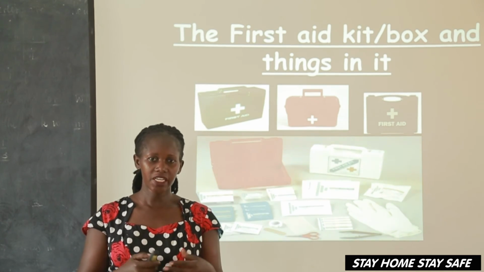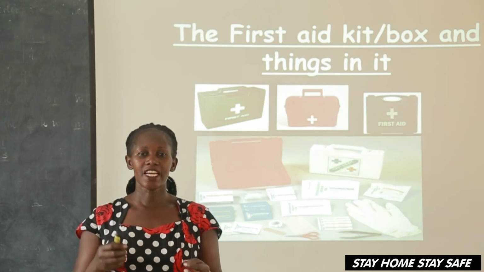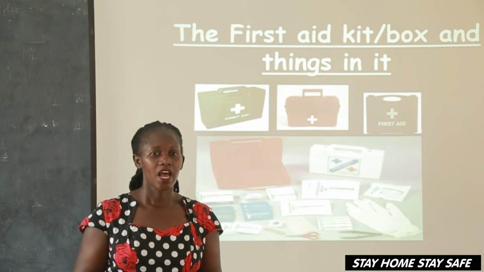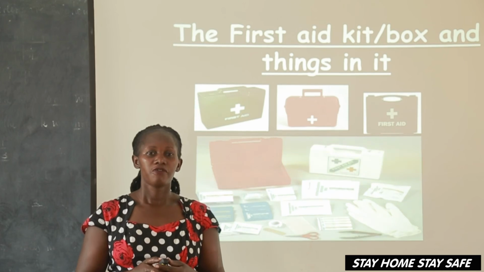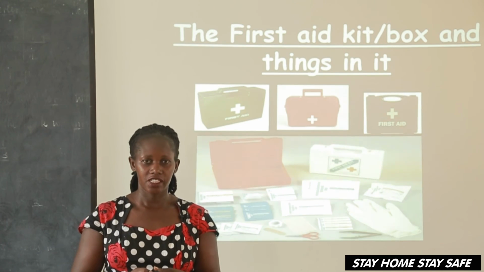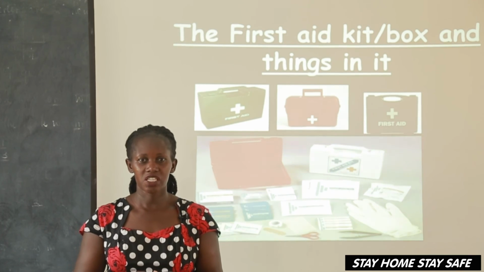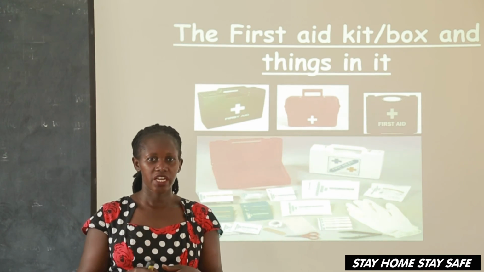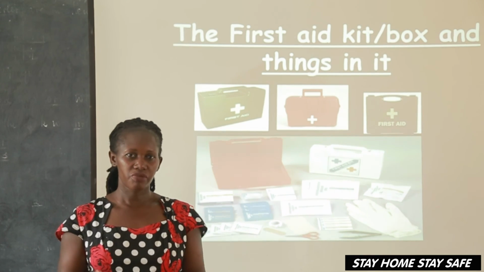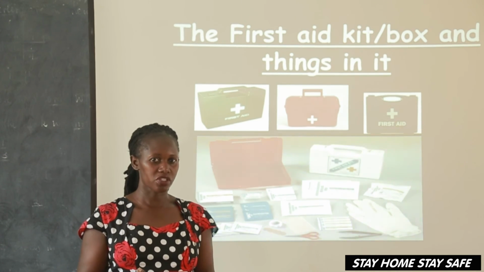Okay? And I told you a first aider needs things to use as he's giving first aid, and all those things are called first aid kits. They are called first aid kit, and those things are kept in one container. That container is the one we call a first aid box. Can you still remember some things we find in the first aid box?